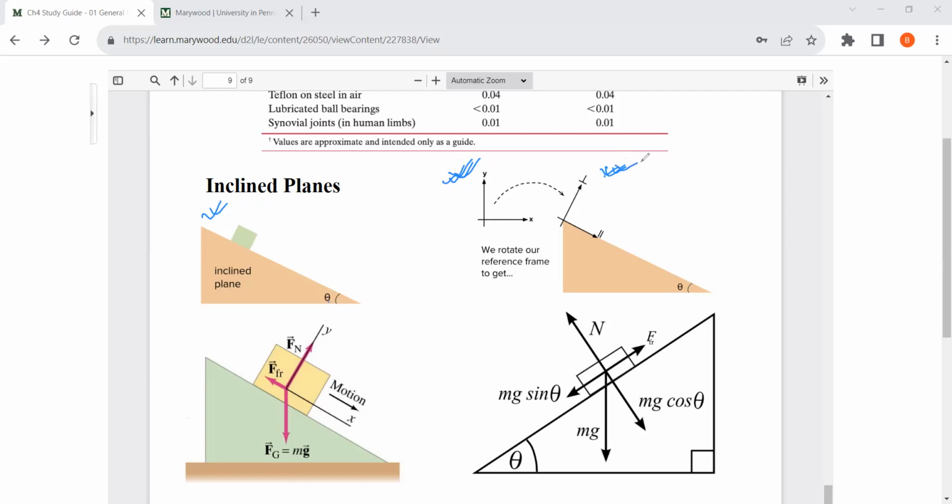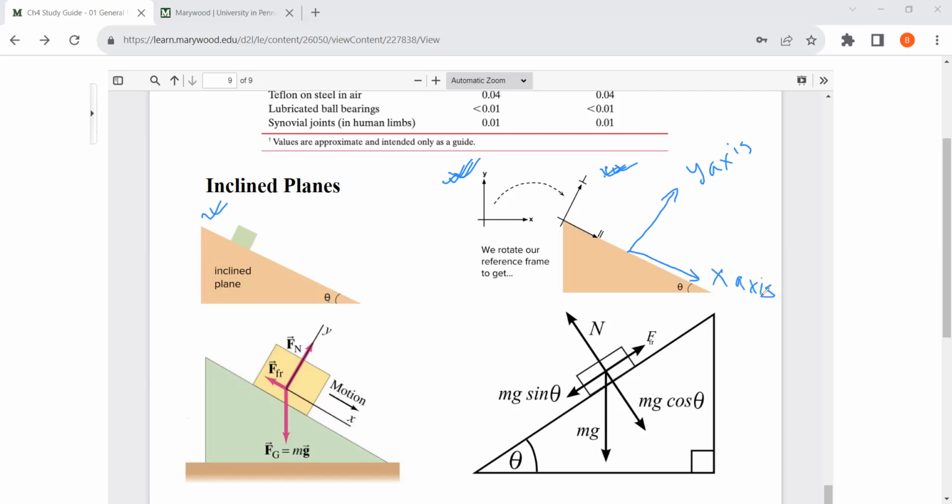When we have an inclined plane problem, normally the perpendicular to the surface is used as the y-axis, and the parallel to the plane is used as the x-axis.